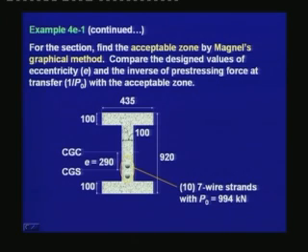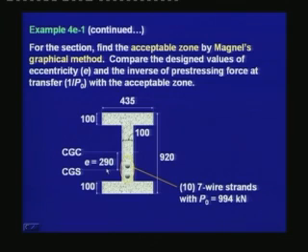This problem we had solved earlier, and from the preliminary design we had calculated the type of the section, and then from the final design we had selected the final dimensions. The flange width was 435 millimeters. It is a section symmetric about the horizontal axis. We have satisfied the requirement of the height, which is 920 millimeters. The thickness of the web and the flange, both, are 100 millimeters.